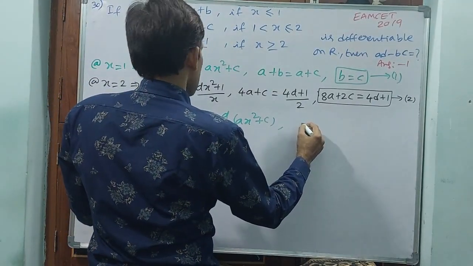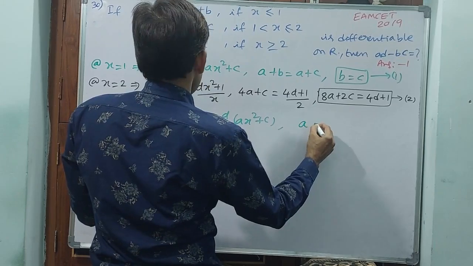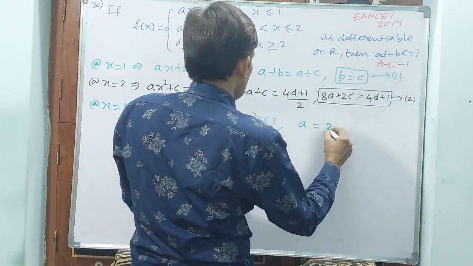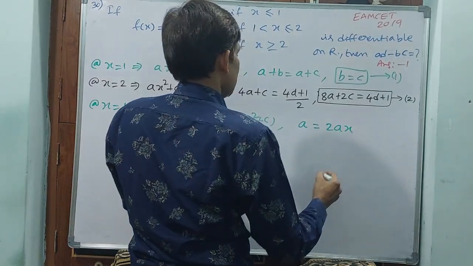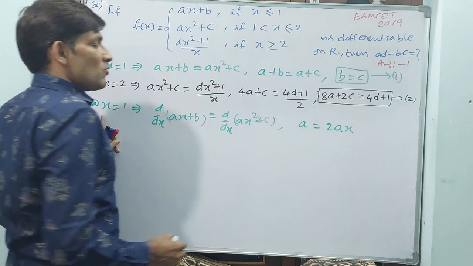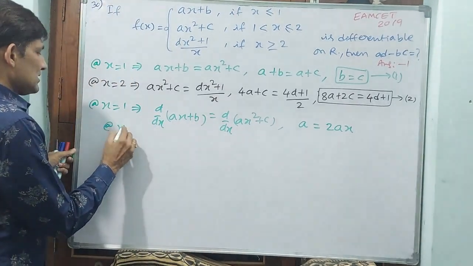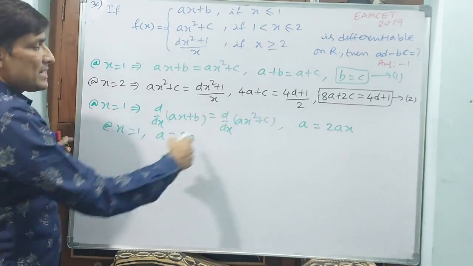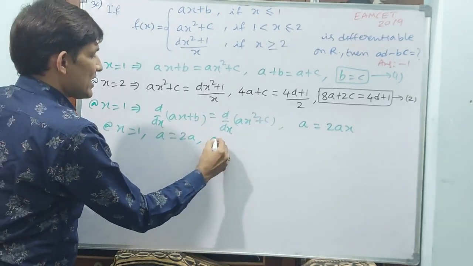d by dx of ax plus b means a, is equal to d by dx of ax square, which means 2ax. But at x is equal to 1, a is equal to 2a. A is equal to 2a means a will be 0.